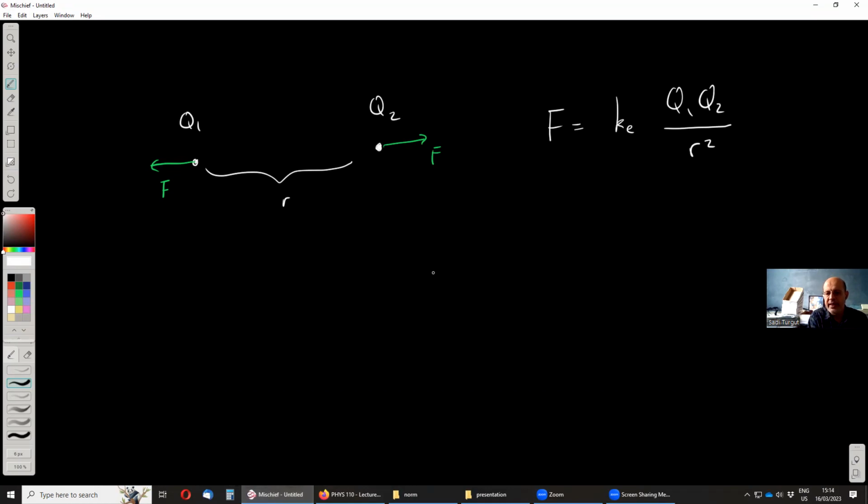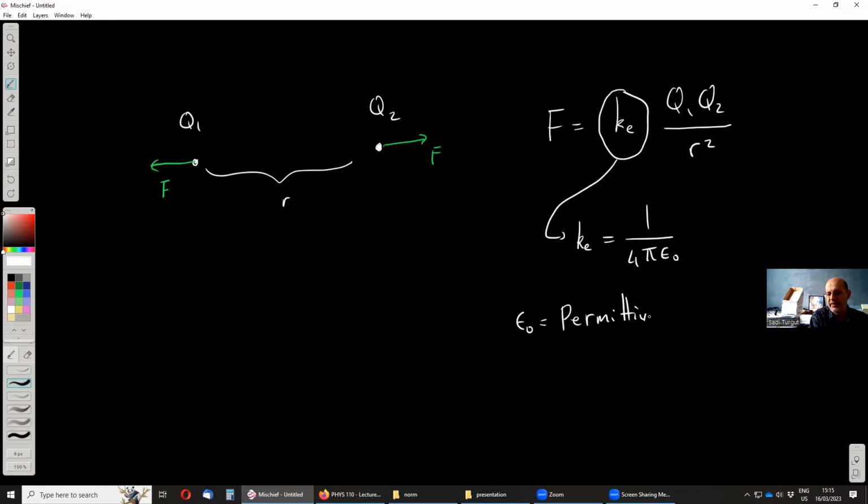Okay, there are a few things that I need to change in here. The first one is this coefficient in here. Because of some reason that I'm going to explain later in the second chapter, instead of k_e, we just use this expression here. We just write this as 1/(4 pi epsilon_0), where this epsilon_0 is called the permittivity of the empty space. Or some people call this vacuum, right?